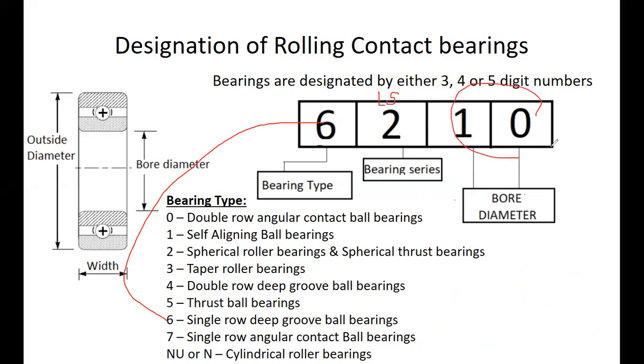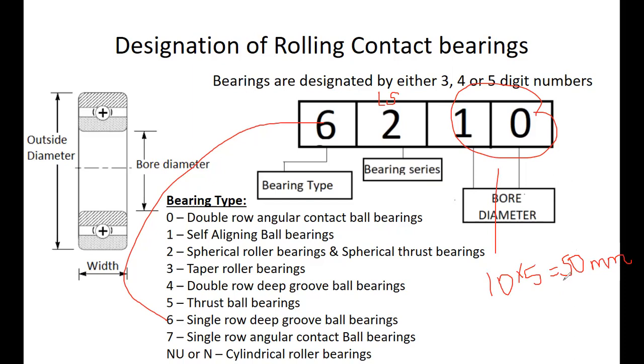And since the last 2 digits are 10, 10 5s are 50. This 50 mm is going to be your bore diameter, right? So guys, this designation is very easy. It is not at all complicated.